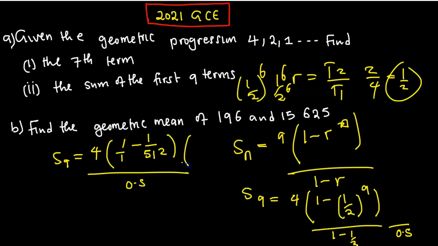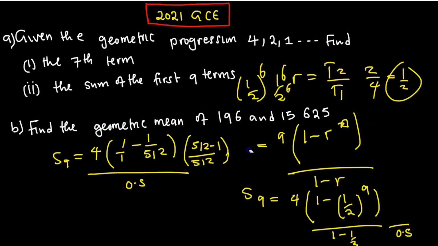In the bracket, if you work out what is here, the lowest common denominator is 512. So 1 into 512 is 512, so 512 minus 1, then divided by 512. That is what is going to be here.